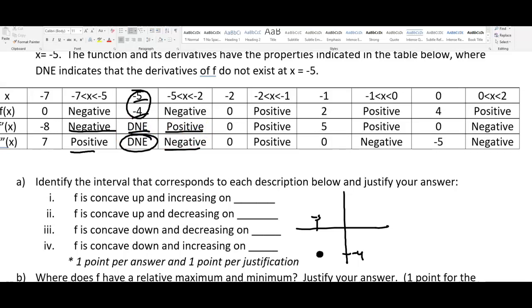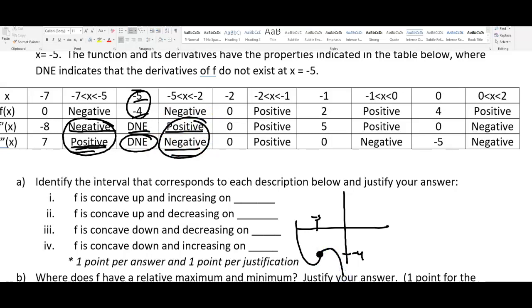The only way a derivative can fail to exist on a continuous function is if there's a cusp. So basically, it's having a sharp turn there. And it's going from positive second derivative to negative, which means it's going from concave up to concave down. So I have a decreasing function that's concave up at that point, and then I've got a positive slope that would be concave down after that, which would look maybe like this.